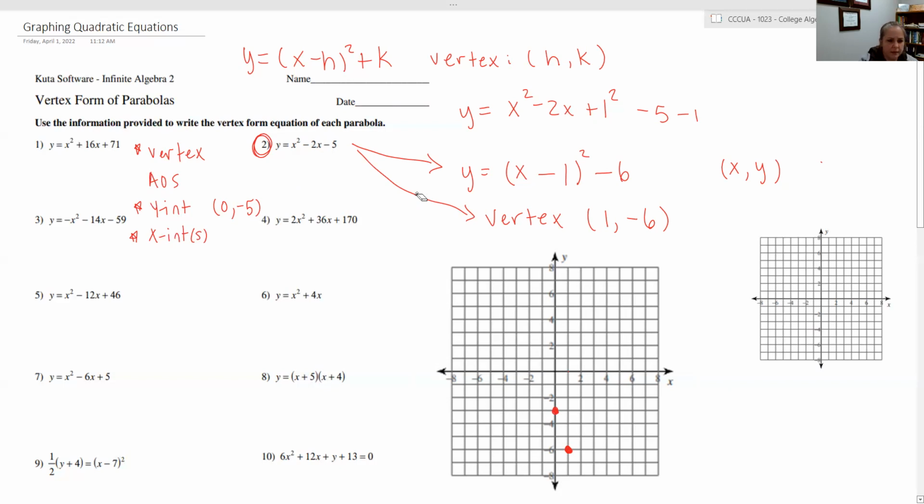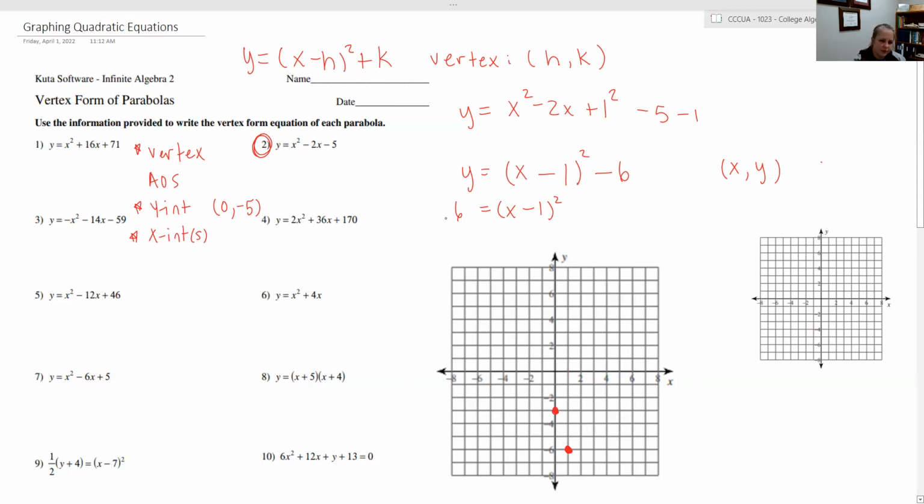Well, we already completed the square when we got it in vertex form, so why not work with that one? So when we want to find our x-intercepts, y equals 0, and we solve for x. So I'm going to add that 6 to both sides to get that 6 equals x minus 1 quantity squared.